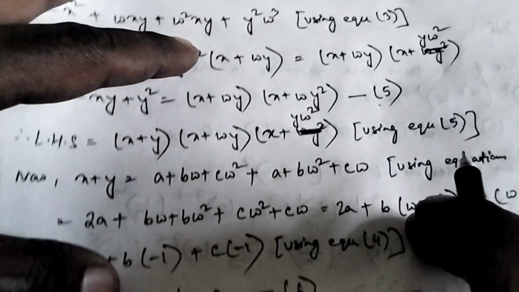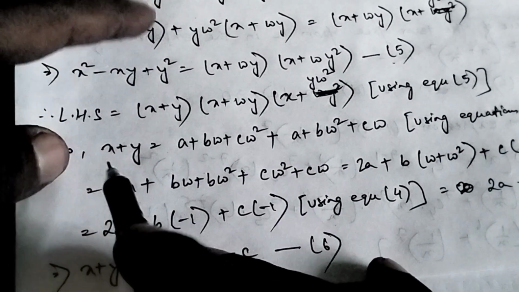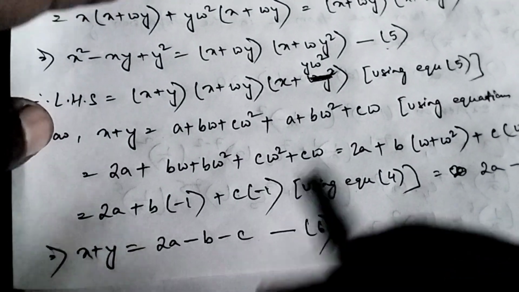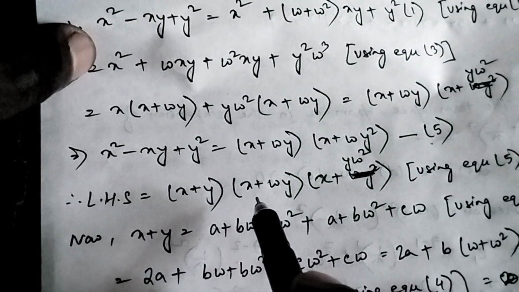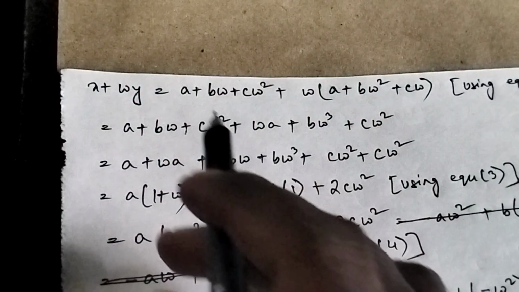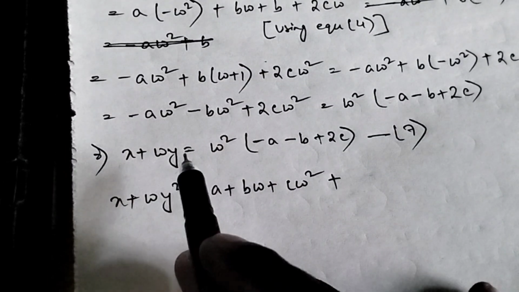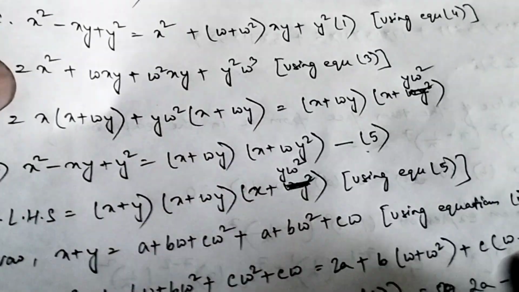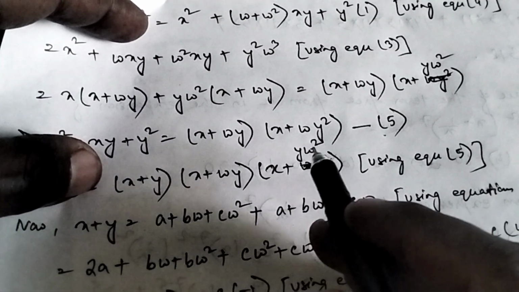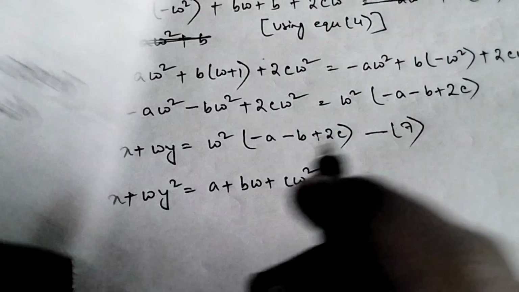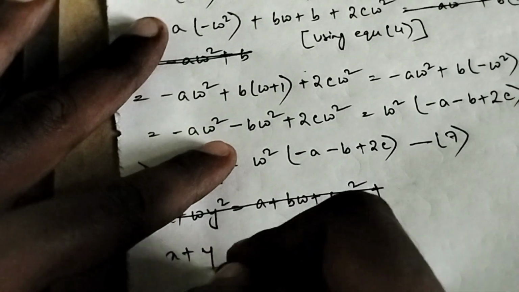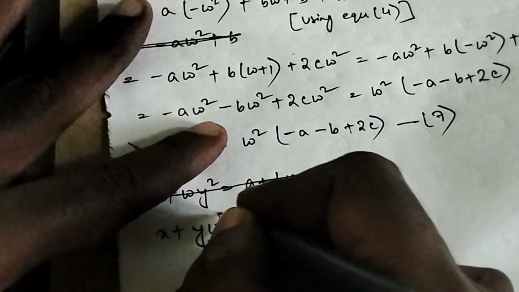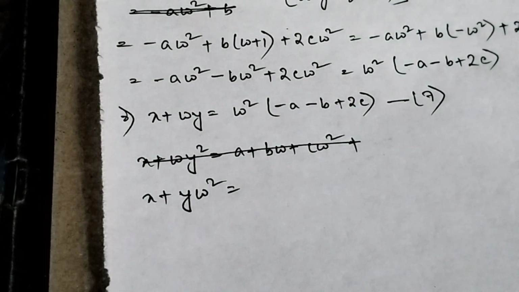Now we have found x plus y is equal to this one, then x plus omega y is this one. Now we have to simplify x plus y omega square. I have written it over here wrongly: x plus y omega square, not omega y square.